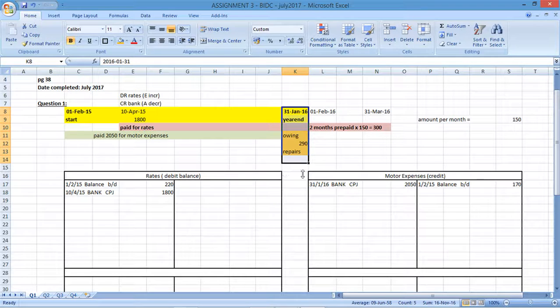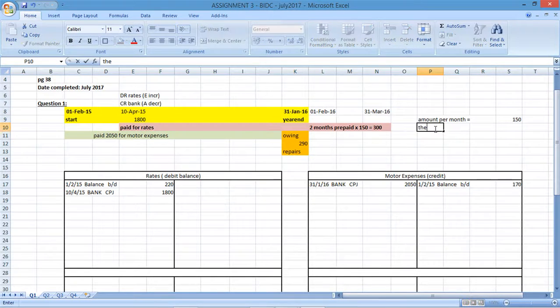So let's record that. At year end, do I want to show the full amount of 1,800 as an expense? No. The expense for the year must be the difference, meaning 1,800 less 300 gives us 1,500.